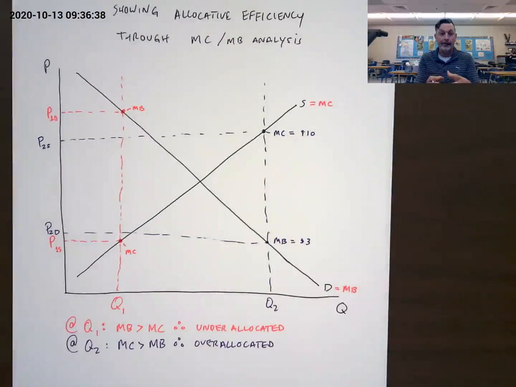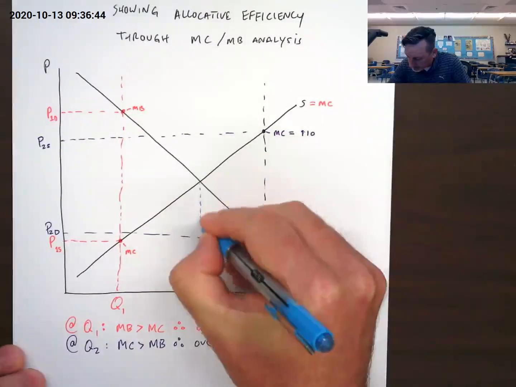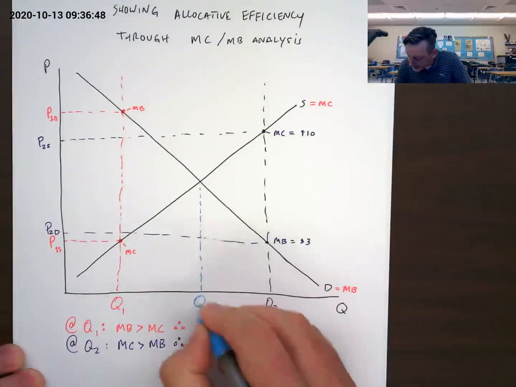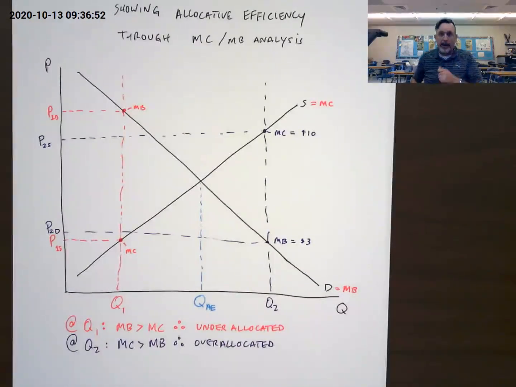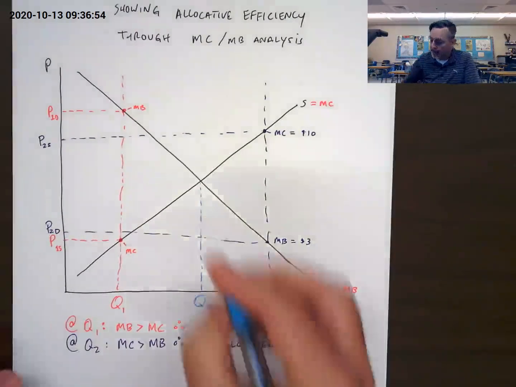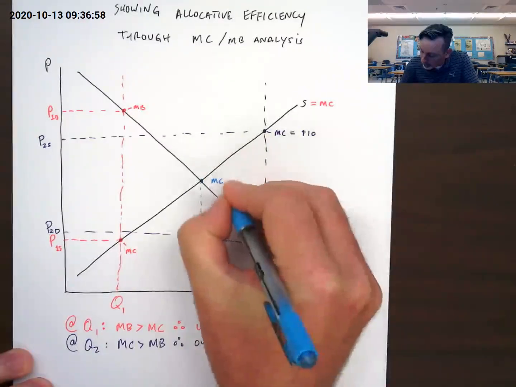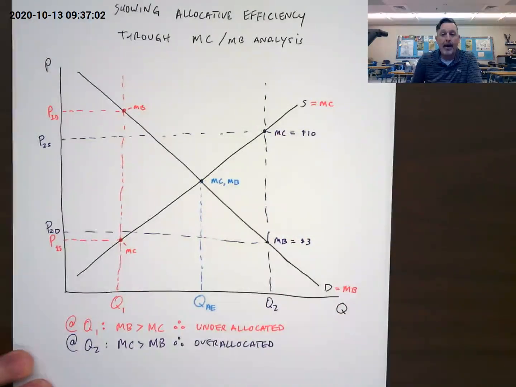Let's go ahead and show society's point of allocative efficiency. So our point of allocative efficiency, let's call it QAE, right? And what do we know is happening at QAE?